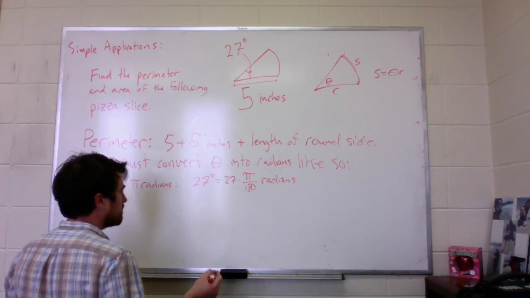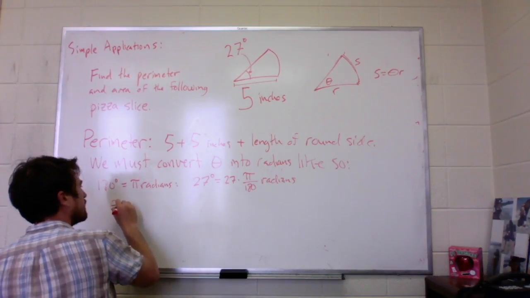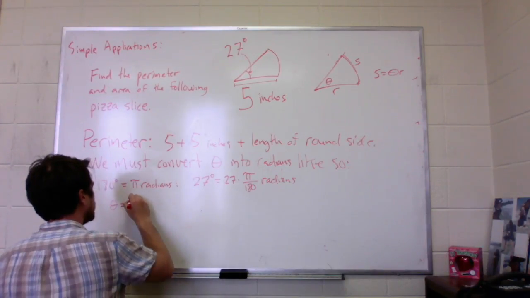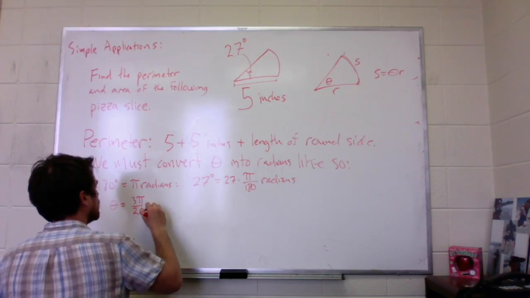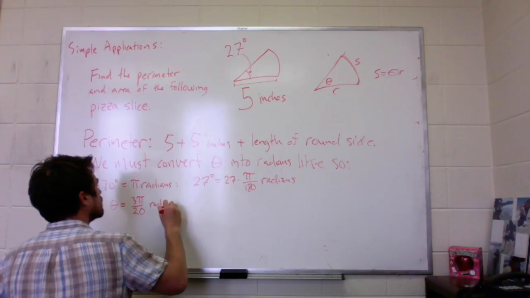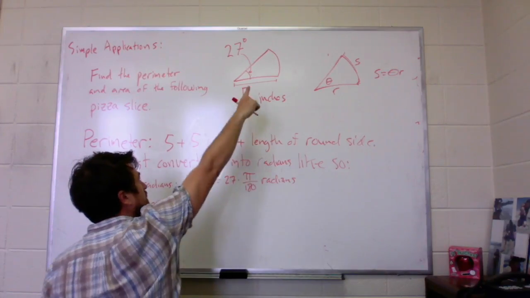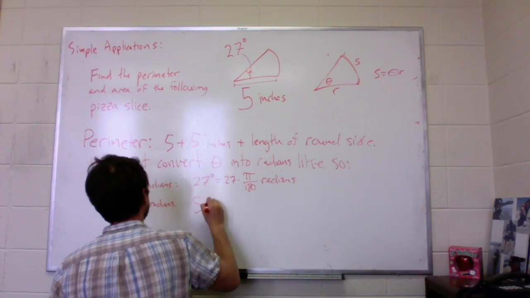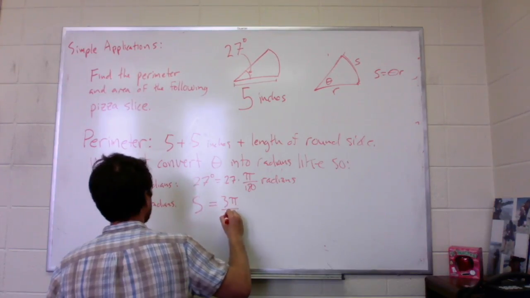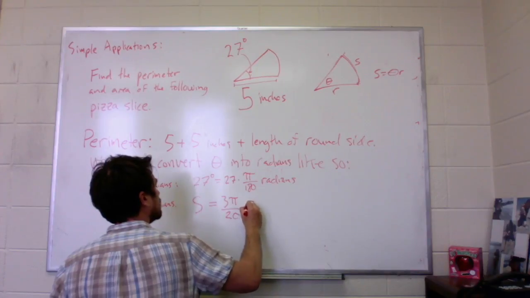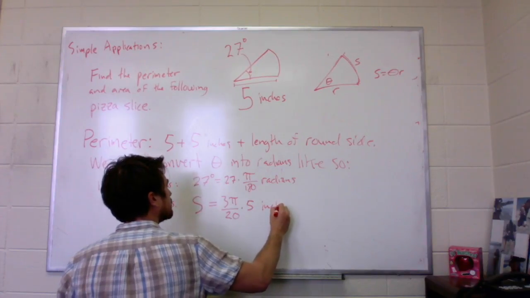And so after some simplification, we will write theta is equal to 3 pi over 20 radians. Once this is done, we see that our s here is equal to 3 pi divided by 20 times 5 inches.